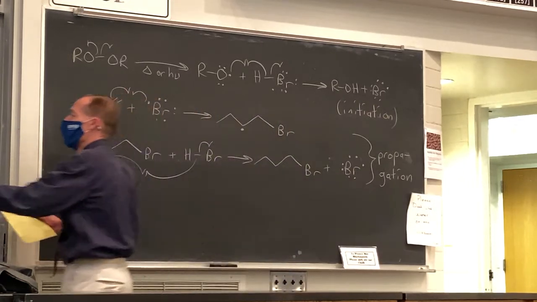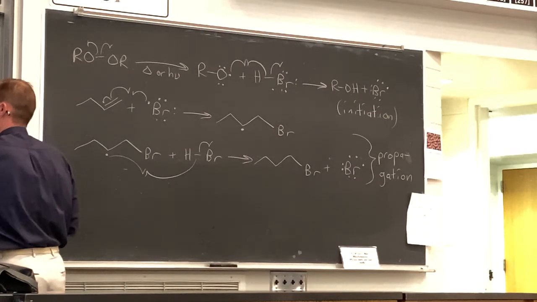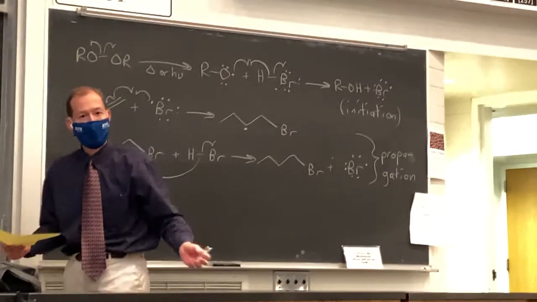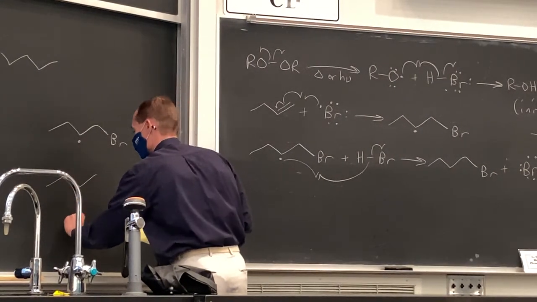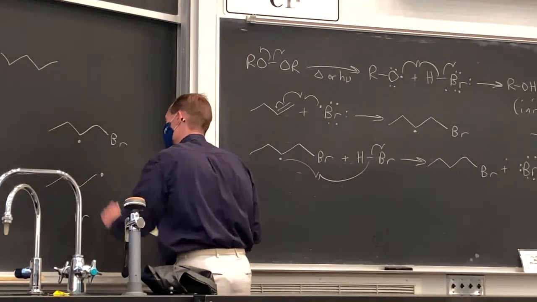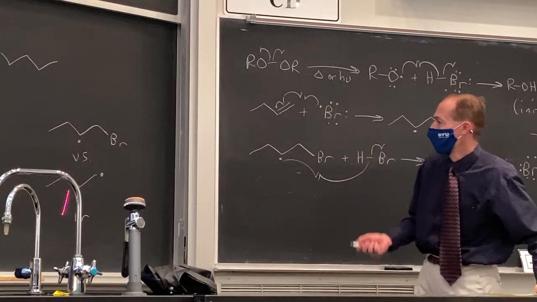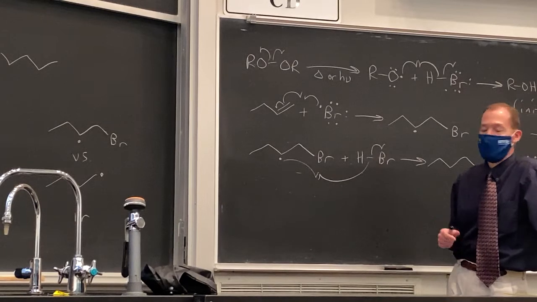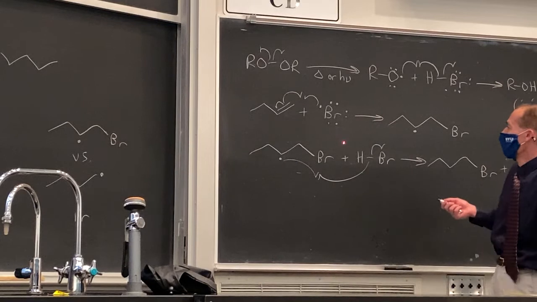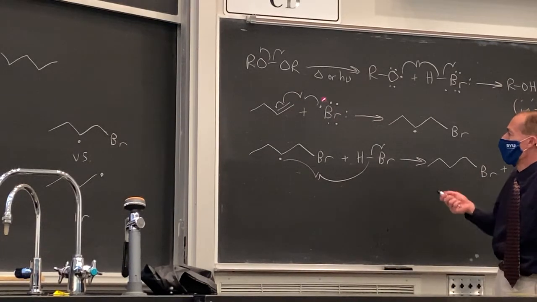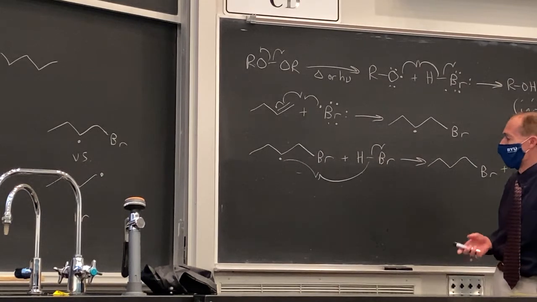If we add it to carbon number 1, as we've drawn it, we generate a secondary radical. If we were to add the radical to carbon number 2, we would form a primary radical. As we know, the secondary radical is more stable than the primary radical, so the secondary radical is formed faster. So the bromine atom adds faster to carbon 1 than it does to carbon 2, giving us the secondary radical.